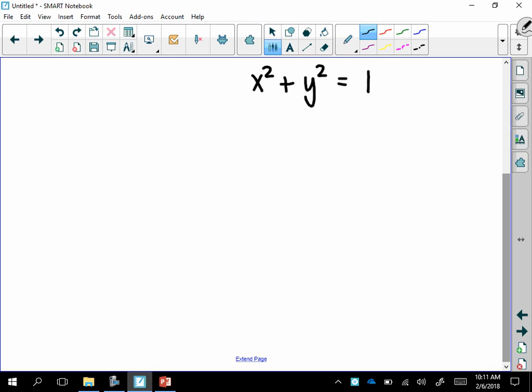Okay? In fact, that circle is so recognizable, it has a name. It's a circle that's centered at the origin with a radius of 1. Anybody happen to know the name of that circle? You've heard of this circle before that has a radius of 1 unit? Oh, the unit circle, right?